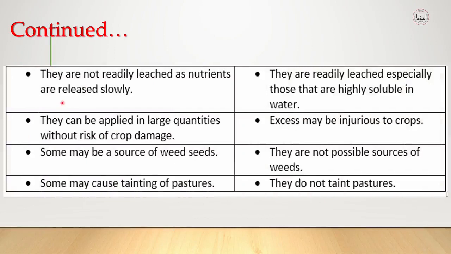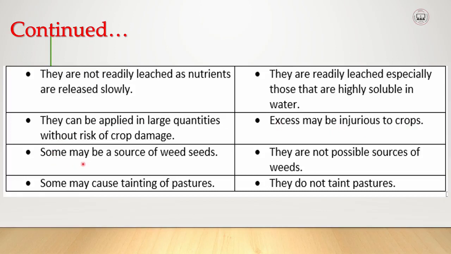Organic manures are not readily leached as nutrients are released slowly. But on the other hand, inorganic fertilizers are readily leached, especially those that are highly soluble in water. Organic manure can be applied in large quantities without risk of crop damage, but excessive application of inorganic fertilizers may be injurious to crops.